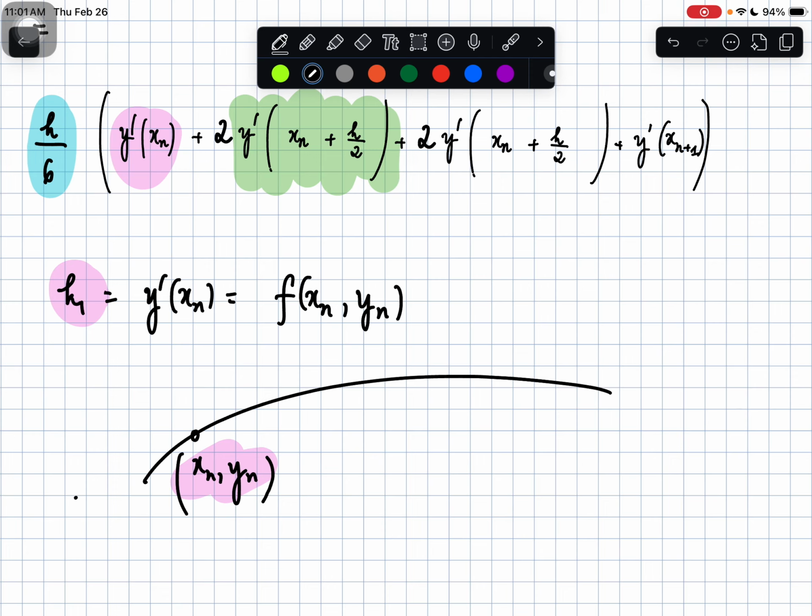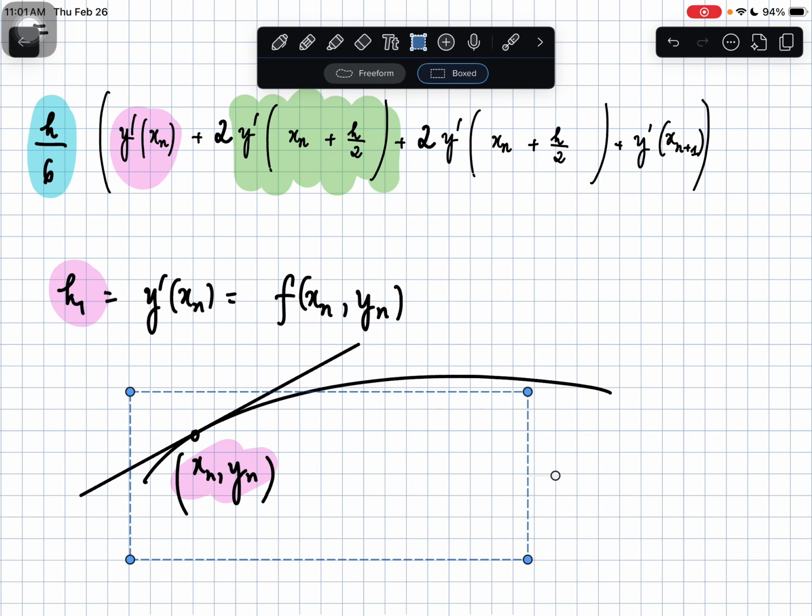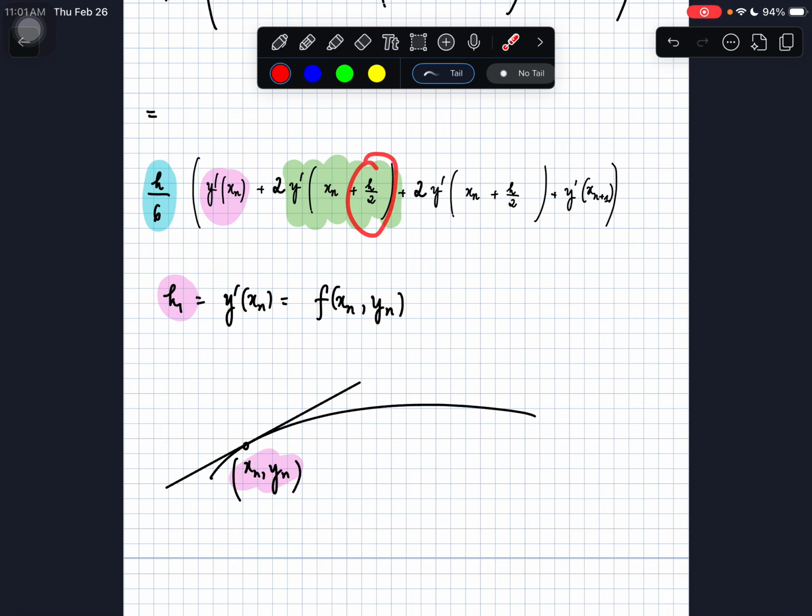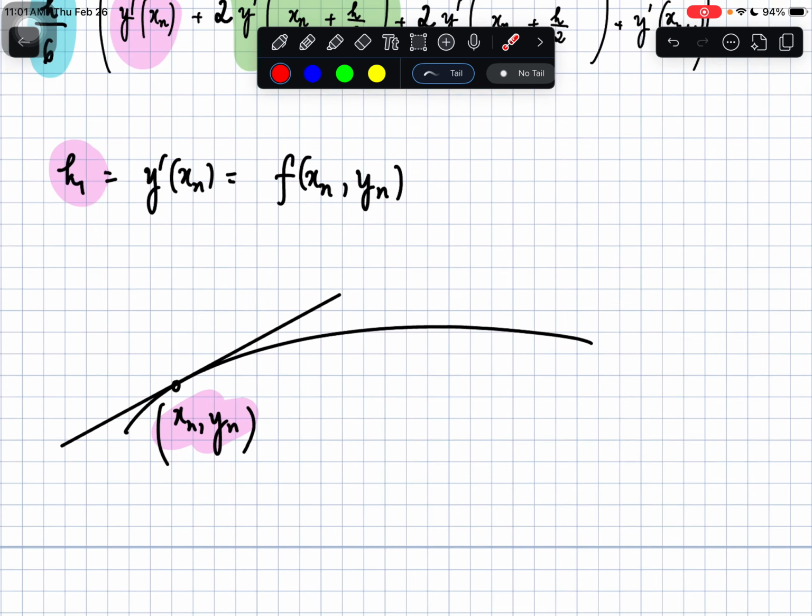So now we look at the Euler methods here. I draw at the point xn, yn the tangent line at this point. Instead of going a full step ahead, with step size h, I only go h over 2.